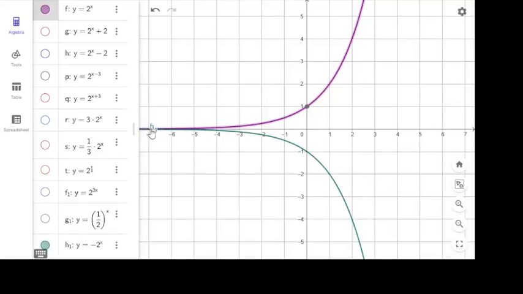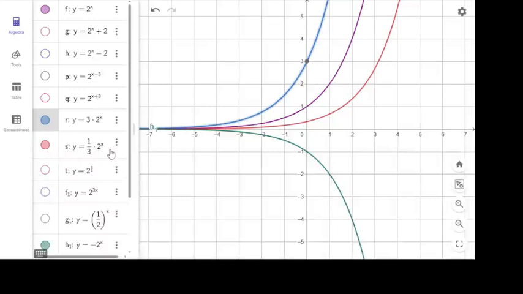That means my range would be from negative infinity to 0. And we will see here when a is larger than 1, vertical stretch. When the coefficient is between 0 and 1, I have to say vertical compression. Let me make them invisible again.